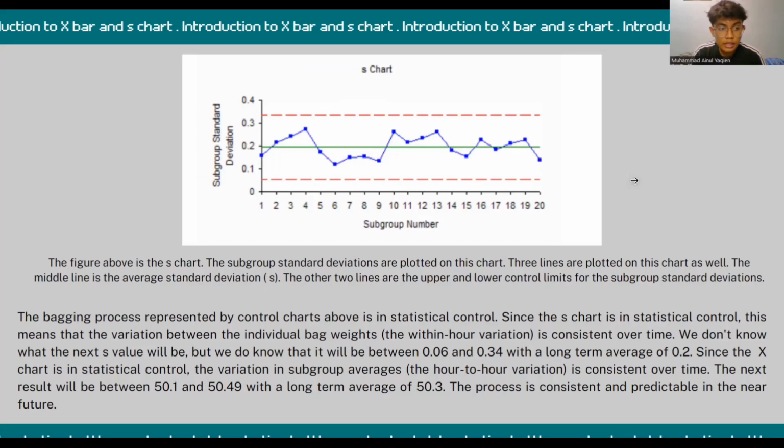Since the X bar chart is in statistical control, the variation in subgroup average is consistent over time. The next result will be between 50.1 and 50.49 with a long-term average of 50.3. The process is consistent and predictable in the near future.